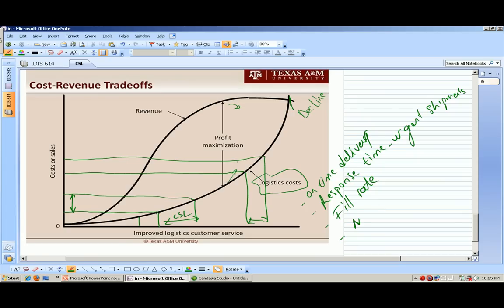If I go further in customer service level, I'm going to lose money. If I stop short of this point and offer a little less customer service level, I'm losing an opportunity to make a little more money from this business. So that is the place I need to find, where my cost increase is equal to my profit increase.